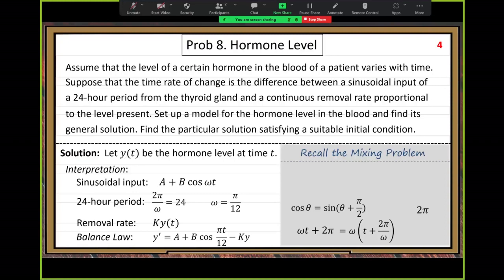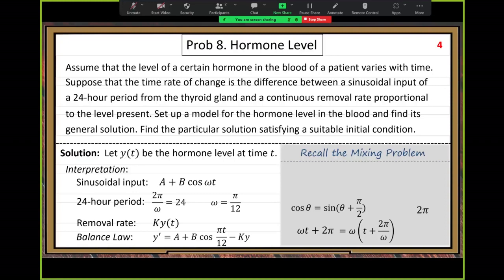Then I need to calculate omega, so I do the calculation here. The first point is the relationship between the sine function and the cosine function: they differ in phase by an angle of pi over 2.